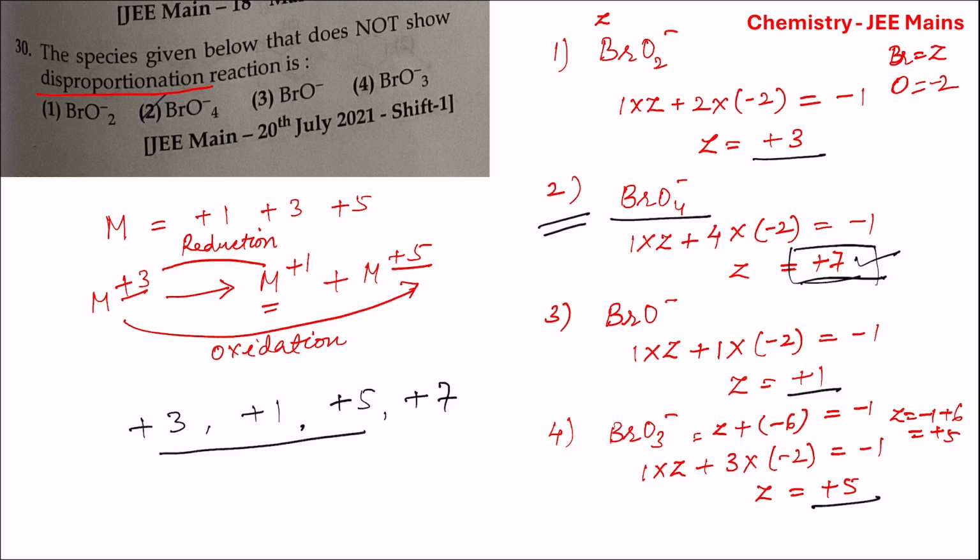So this species can undergo reduction, but simultaneous reduction and oxidation is not possible for BrO4 minus because in this bromine is already in its highest oxidation state. So this BrO4 minus will not show disproportionation reaction. So the correct option is option 2.